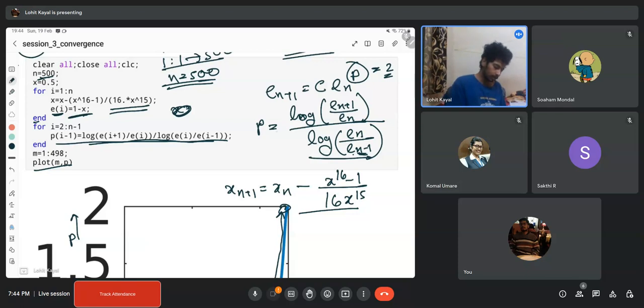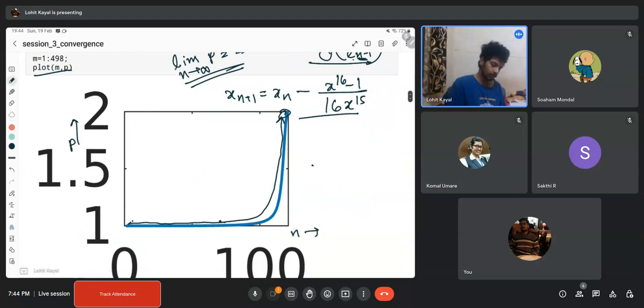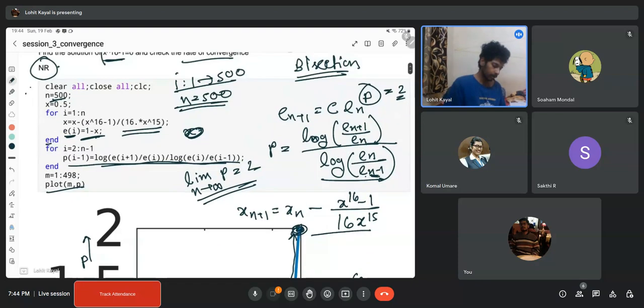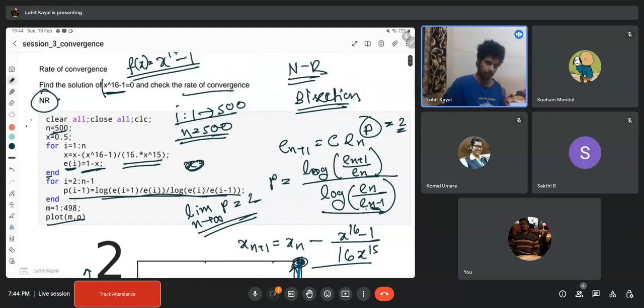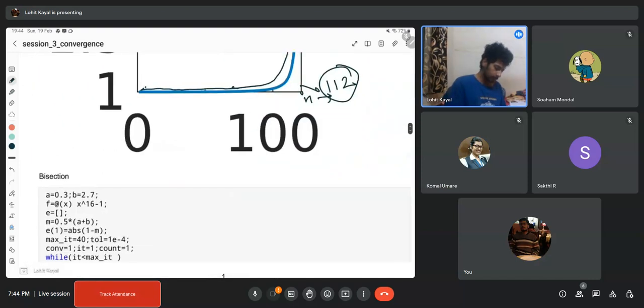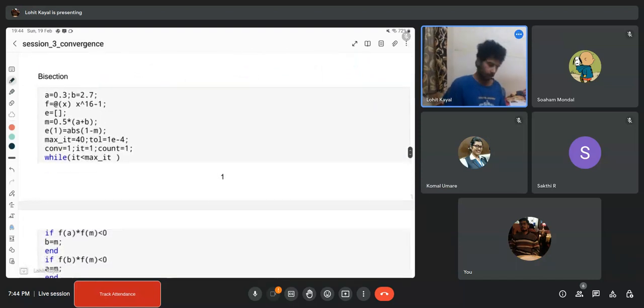That means for the Newton-Raphson method, P will be 2 as n tends to infinity. Here it reaches around 100, probably 112. Around that point it reaches the value 2 and it stops there. So in this case you can very easily verify the rate of convergence for this method. Similarly, you can do it for the bisection method.